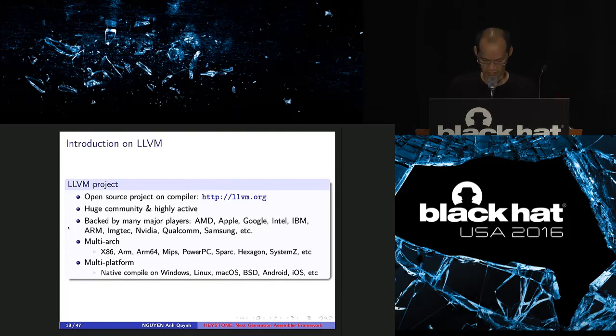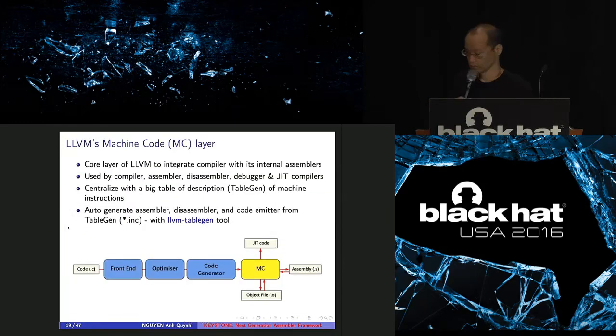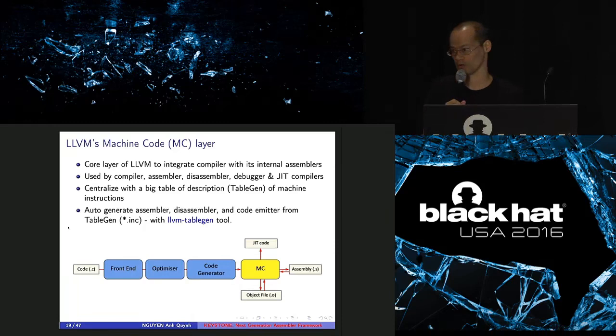So that's very nice. LLVM is actually very complicated, but we just want to pay attention to one core component named machine code, or MC. Around MC, a lot of things in LLVM are built, like the compiler, assembler, disassembler, debugger, and just-in-time compiler. All those things are built around MC.